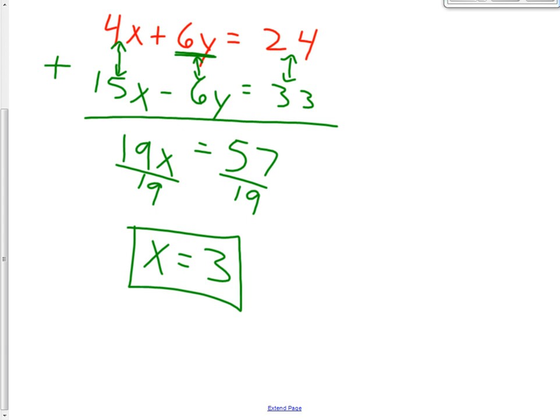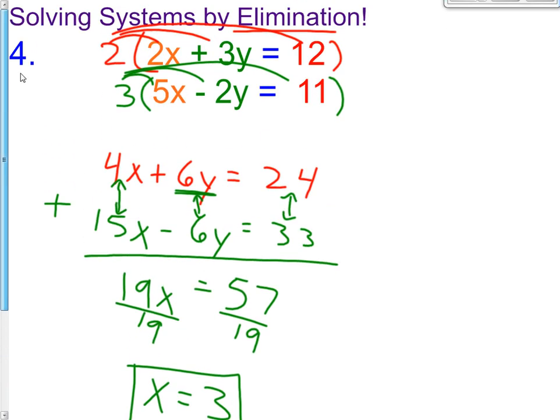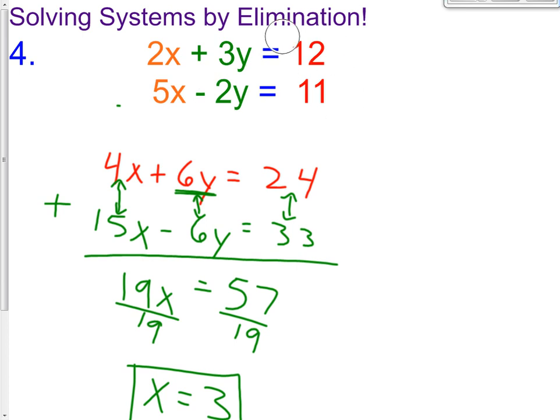Now all we have to do is find the y-coordinate, and the y-coordinate is pretty simple to find because all you have to do is use either one of these equations, just like in substitution. Put in your x-coordinate and find what your y-coordinate is. So we'll use this one. 2 times x, and we found x to be the number 3.